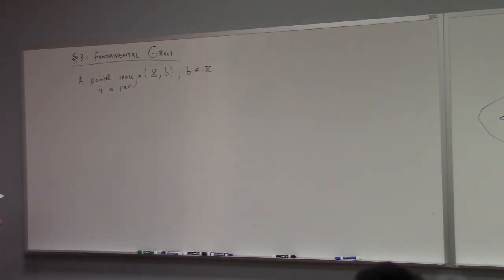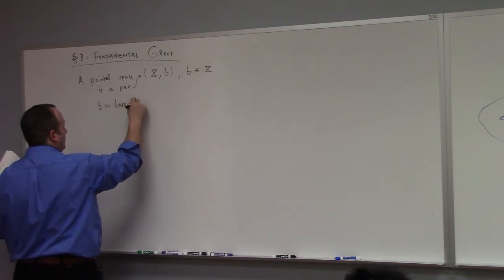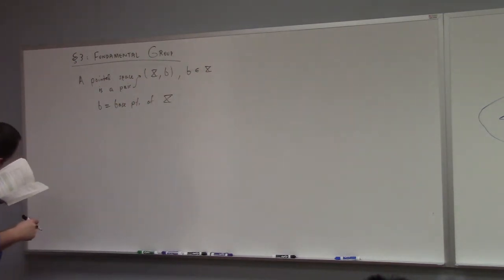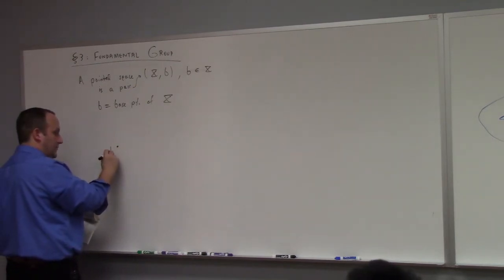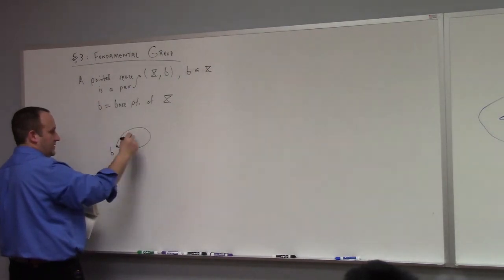And he says the point B is referred to as the base point of X. And he says a loop in X based at B is a path that begins and ends at B. So if this is B, a loop is like that, right?